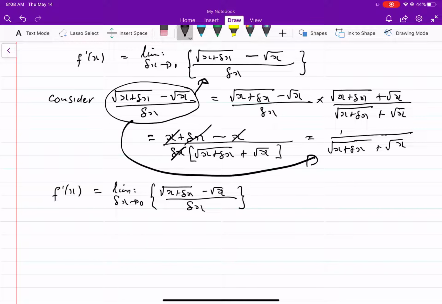But this couldn't give me the limit directly because I would have gotten 0 upon 0. So therefore, this gives me the limit as delta x approaches 0 of my new expression, which is 1 upon the root of x plus delta x plus root x.